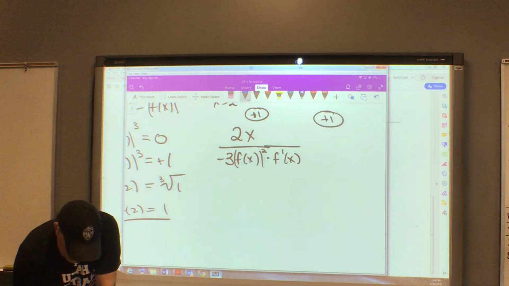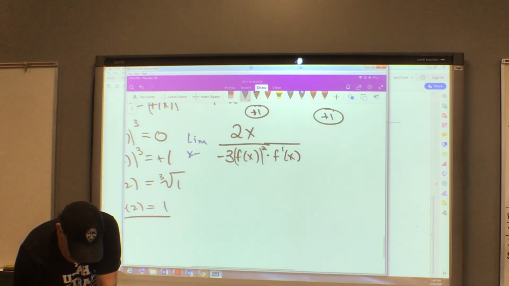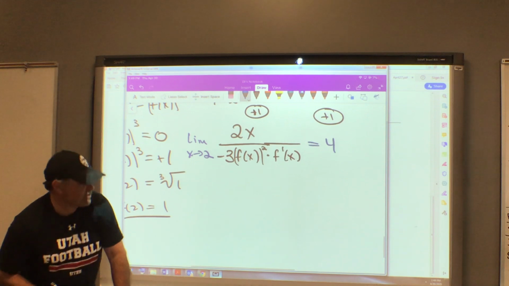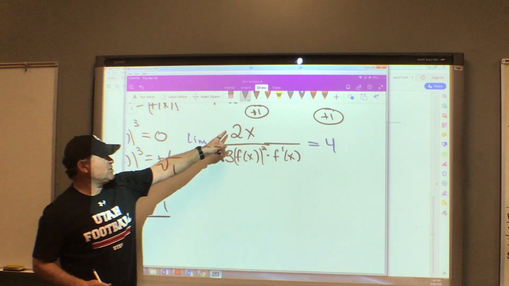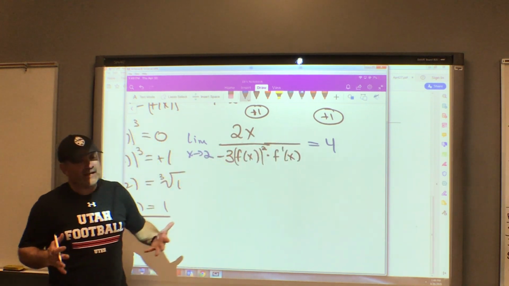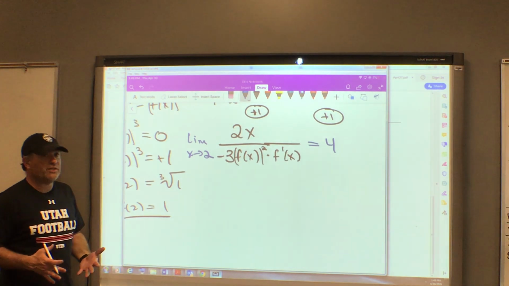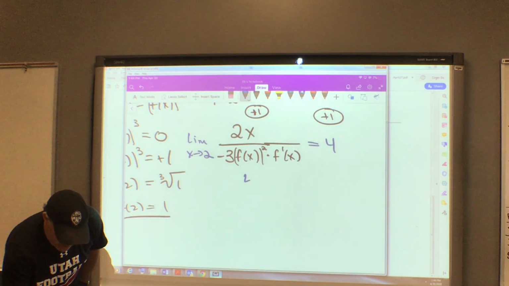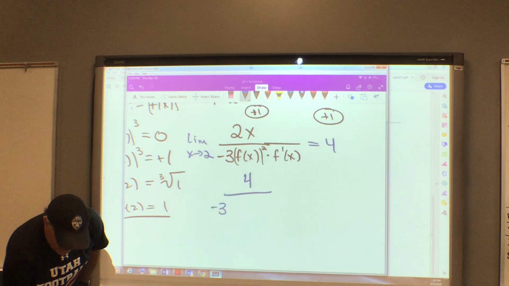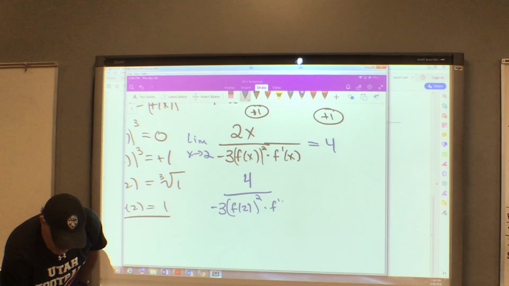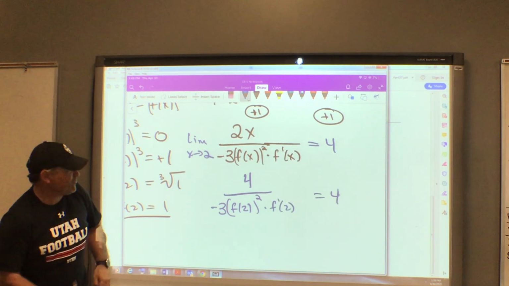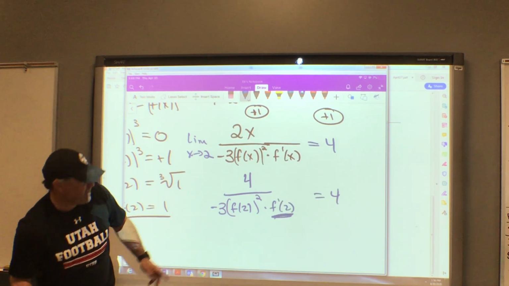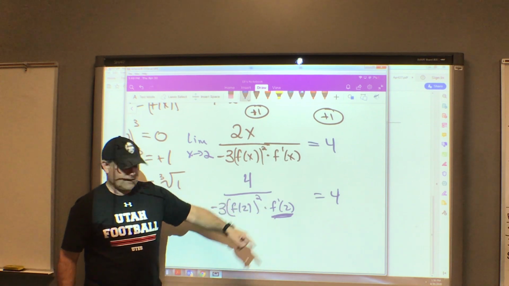And so I do know this: the limit as x approaches 2 of that equals 4. That could be a part where they catch you on the notation. But now I'm going to plug in the 2 and get 2 times 2 is 4 over negative 3 times f of 2 squared times f prime of 2 is 4, and this is what they're after.